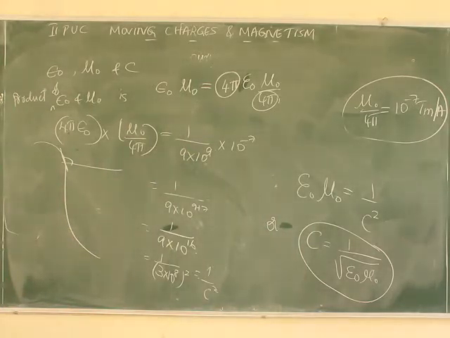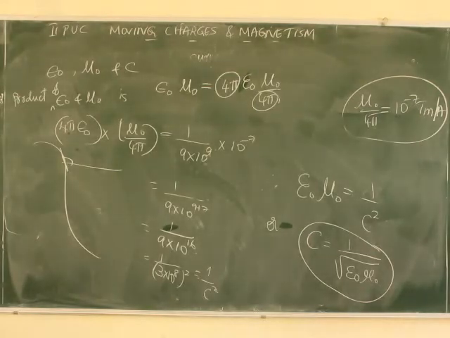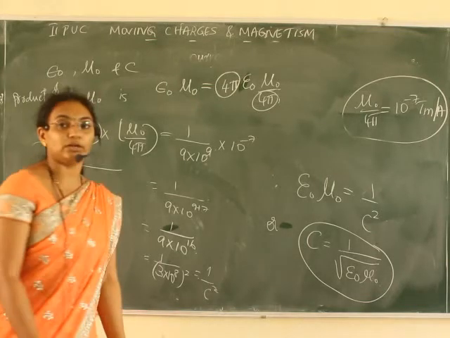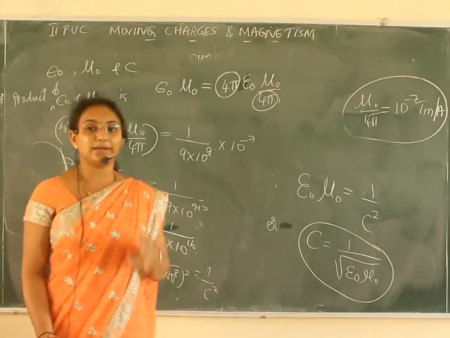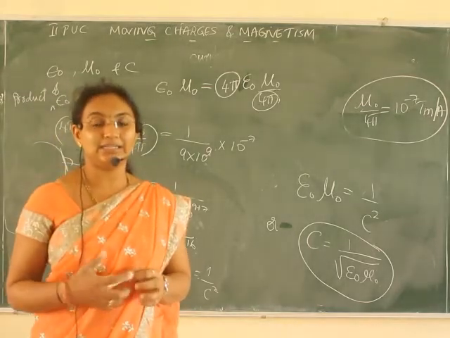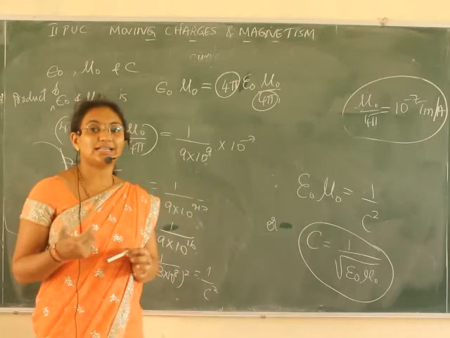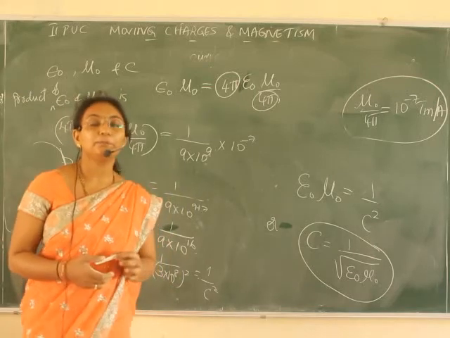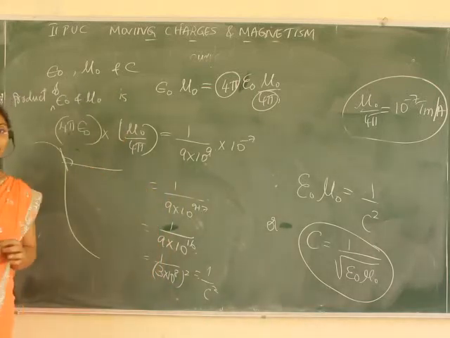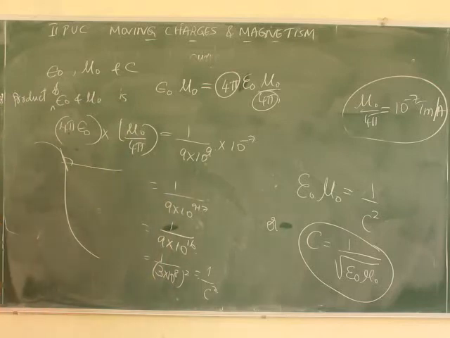So, this is about the similarities and the differences. The next concept we want to discuss is the thumb rule. I think we did not write about it, correct? Please write one statement for the right hand thumb rule, which we also call the right hand clasp rule. What is the right hand thumb rule?